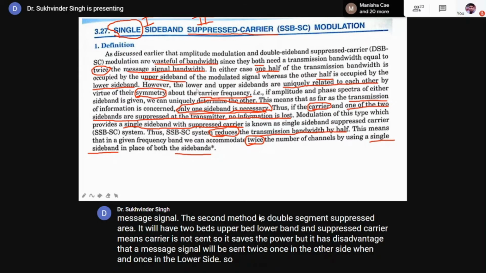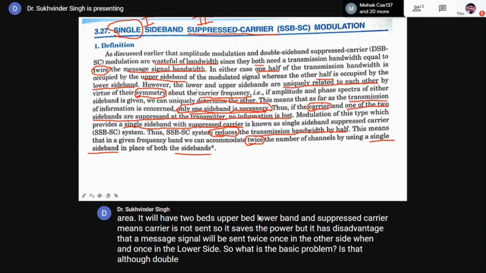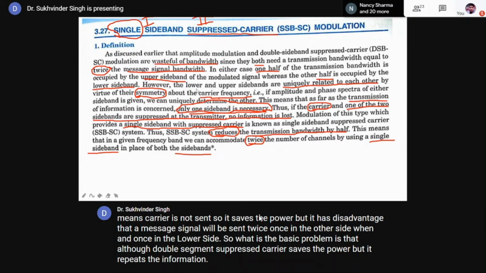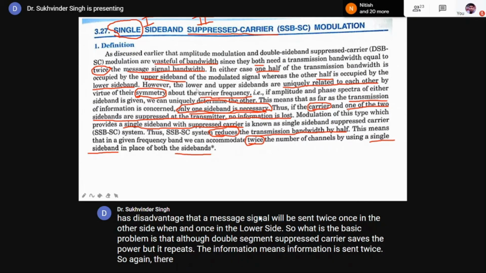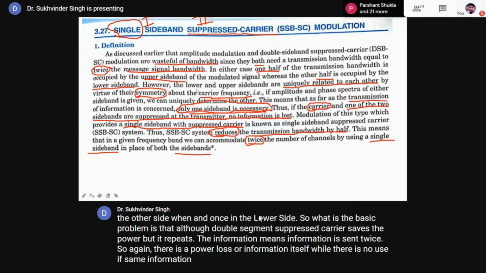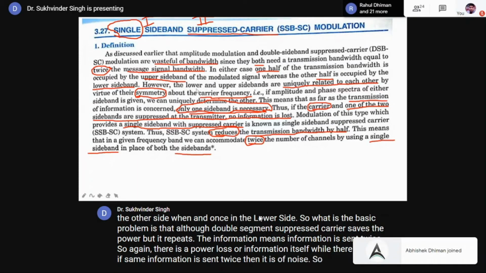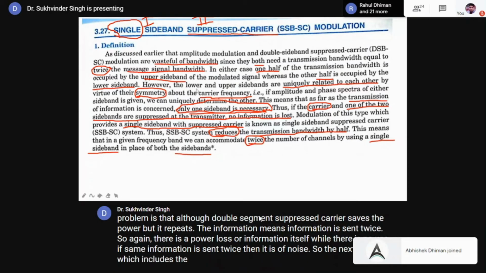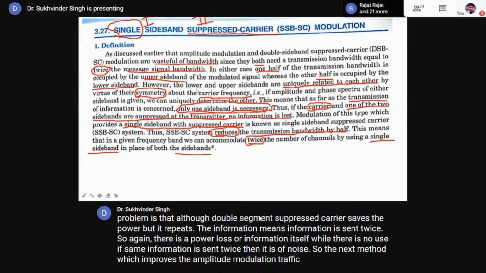So the basic problem is that although double sideband suppressed carrier saves power, it repeats the information, meaning information is sent twice. If the same information is sent twice, then it is of no use. So the next method, which improves on the amplitude modulation drawback and the double sideband suppressed carrier drawback, is called single sideband suppressed carrier.